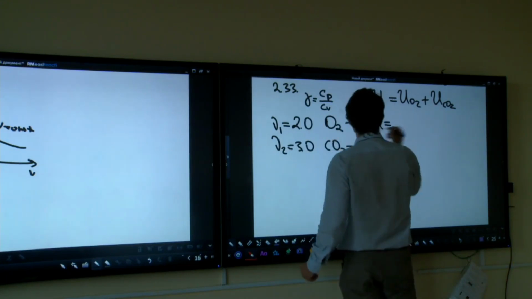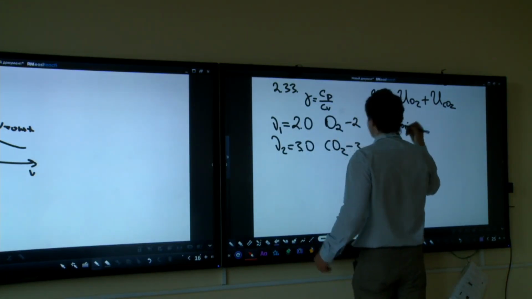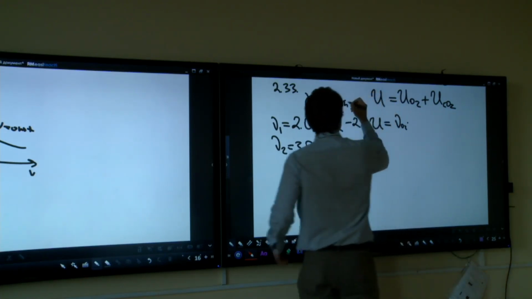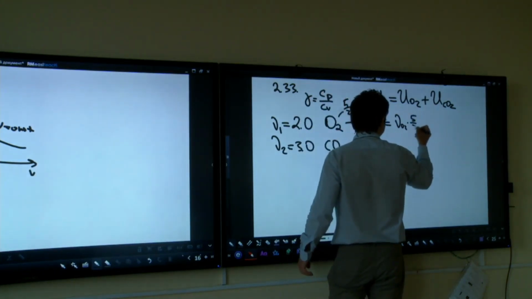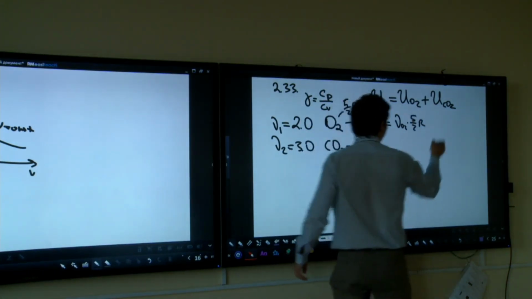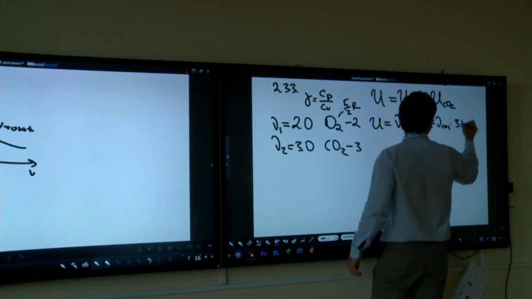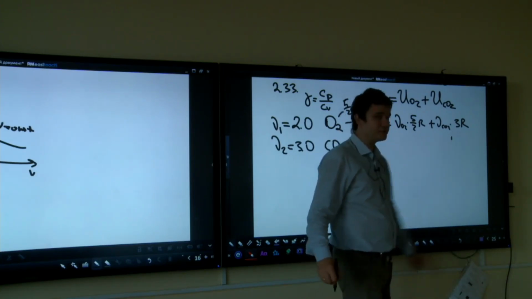So that would be nu O2 times the molar heat capacity for oxygen, which is 5 over 2 R, since this is a gas with 2 atoms, plus nu CO2 times 3R, because 1 molecule has 3 atoms.